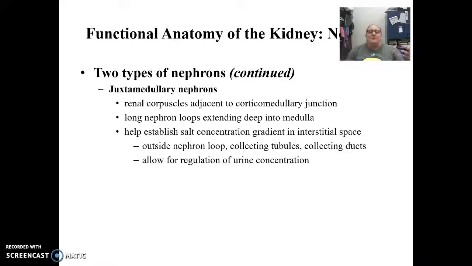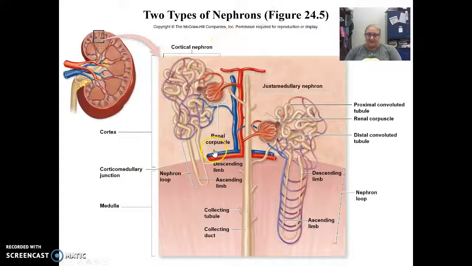So we need to be able to reabsorb almost all of that fluid so that we don't lose fluid and dehydrate, okay? Here's your cortical nephron with a very small loop of Henle. Here's your juxtamedullary nephron with a very long loop of Henle.